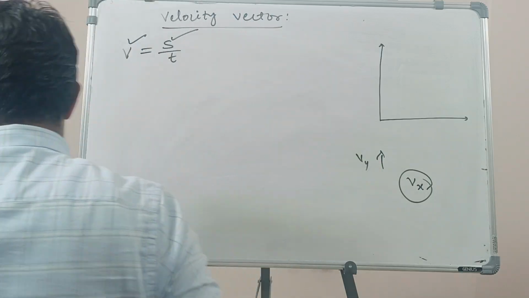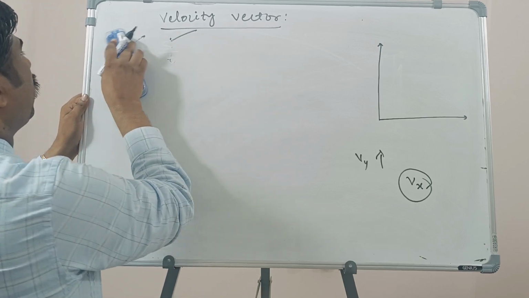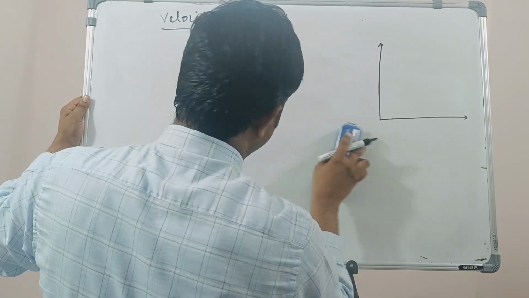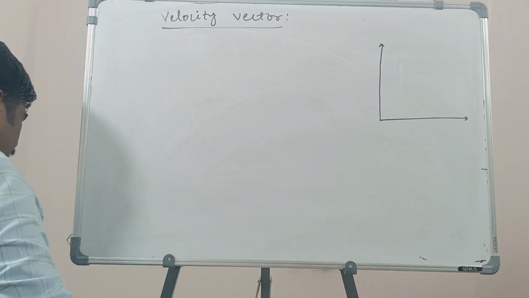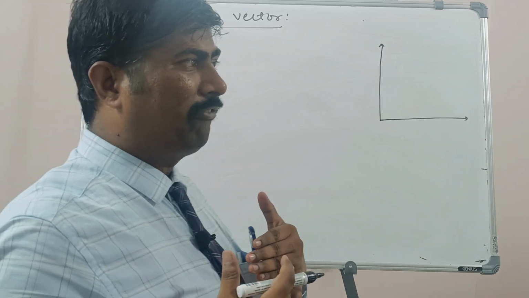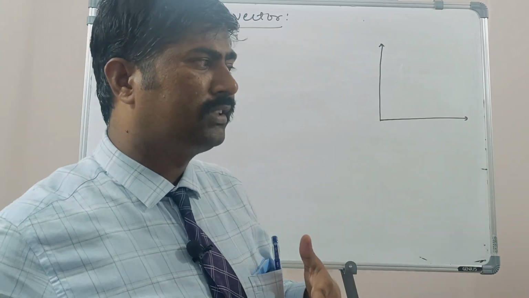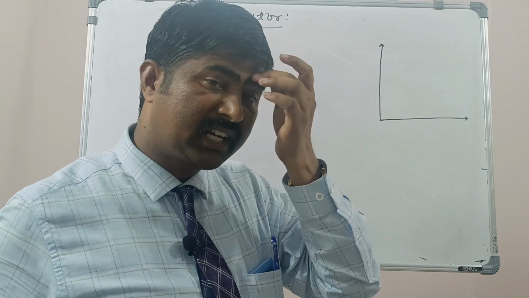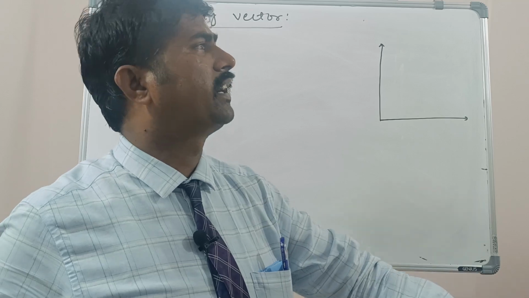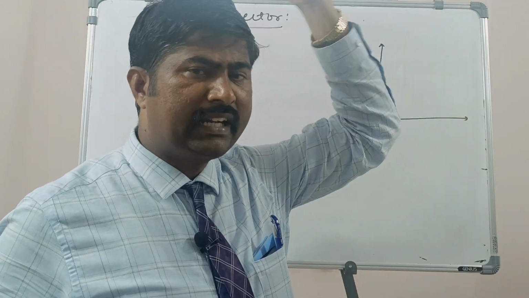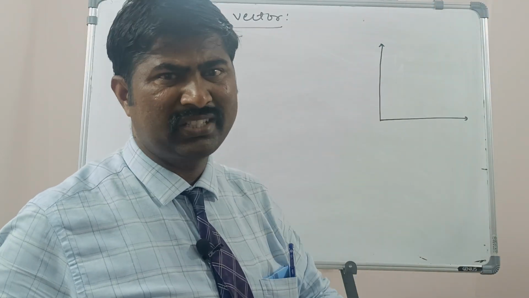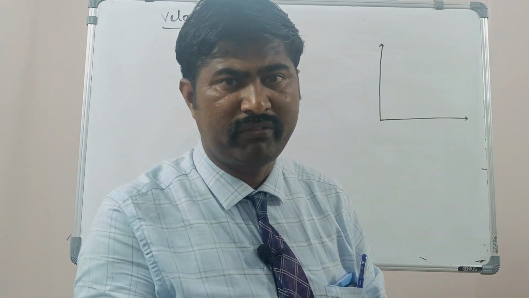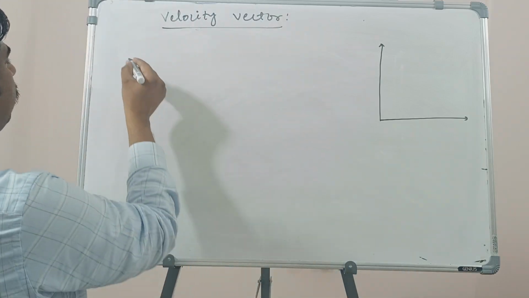Clear? Okay. Now, as per the formula, velocity is equal to displacement by time, and for a duration it is not possible to say that the body is always moving in one direction. The body can change direction; it can go along the x-axis and then turn to the y-axis. When the body is changing direction or magnitude, we define average velocity.